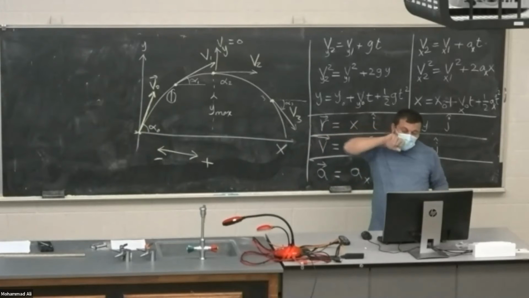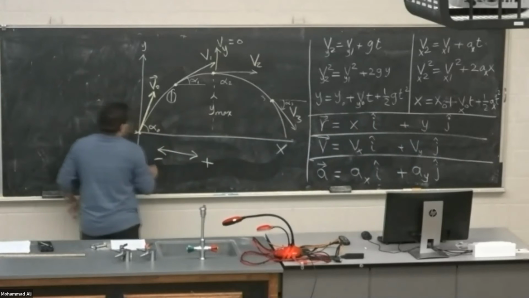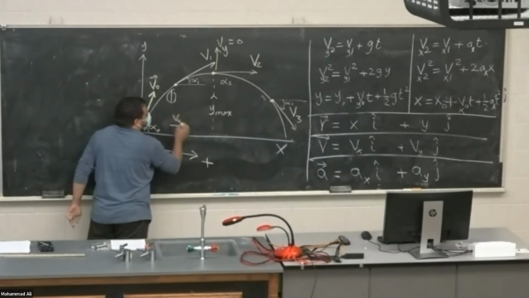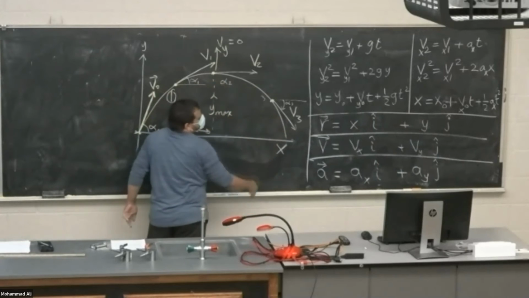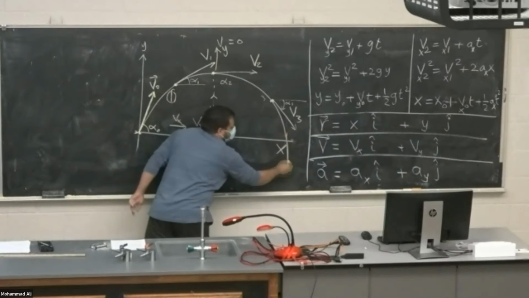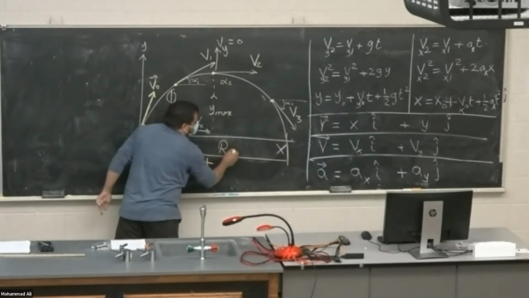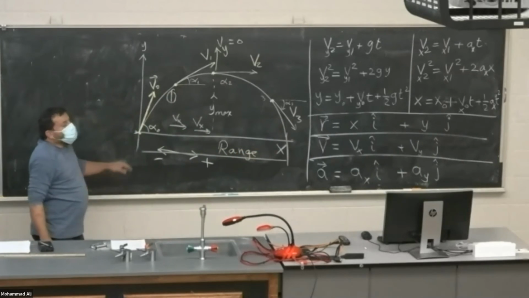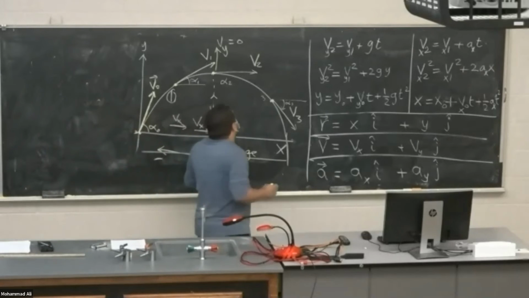So, the velocity in x will be constant. So, Vx will stay the same at all the range. The maximum x distance, we can name it range.